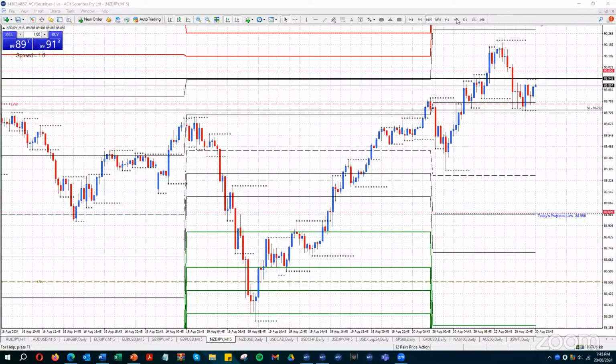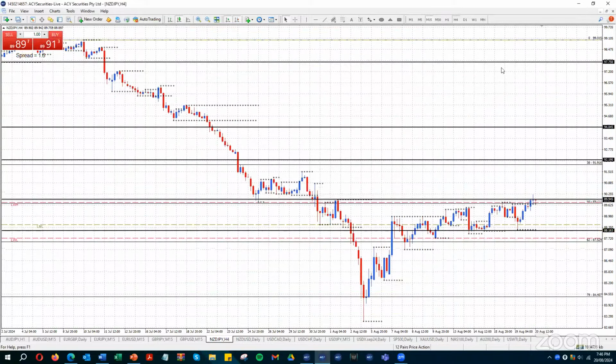I think, though, what you might want to see is for it to tip its hand on the 4-hour chart first of all, but it is a potential level that we could fail at. What I'd like to see is, if we're going to continue up, we want to move through here first of all, and then look for 89.94 to be support. All right, we don't have that yet.